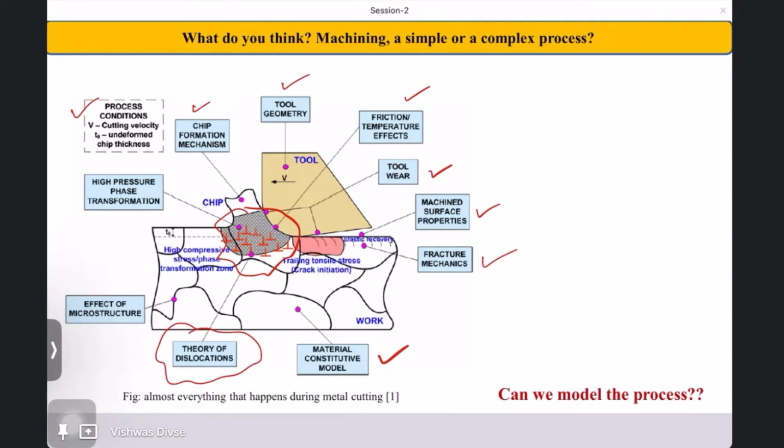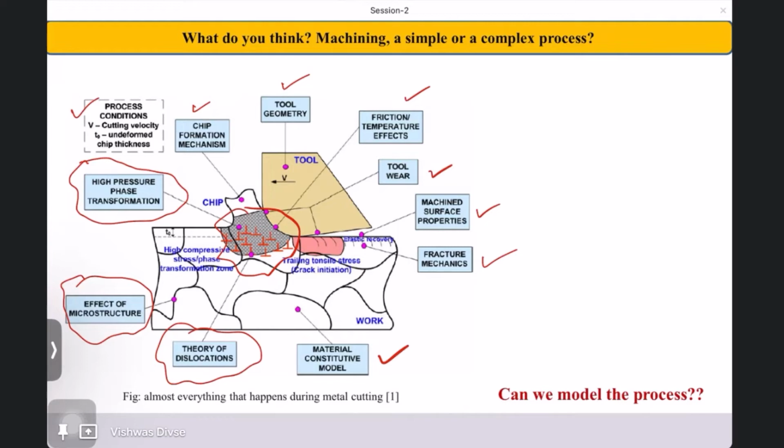If I am going to that level, the model will be very, very bulky, or maybe our regular constitutive equations and the strength that we have determined from the tension test may not be feasible, because size effect will come into the picture. And the effect of microstructure that I told you, whether I am really considering the size of grain, the orientation of the grain boundaries. So you can see many things are involved. Whether there is phase transformation due to these high temperature and pressure conditions.